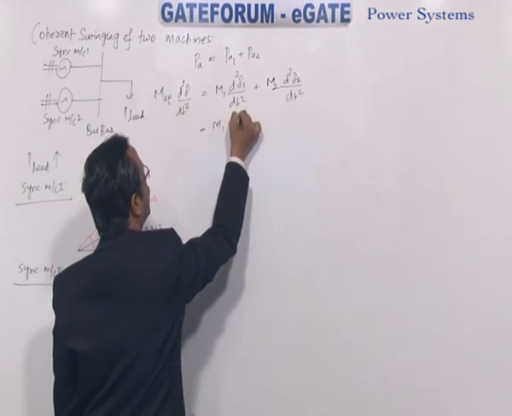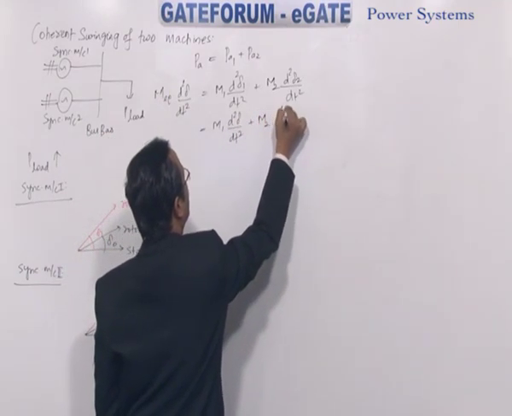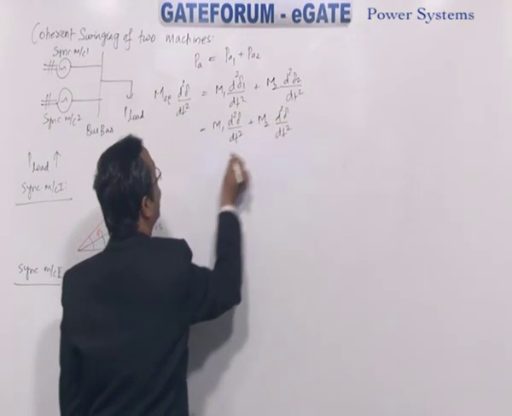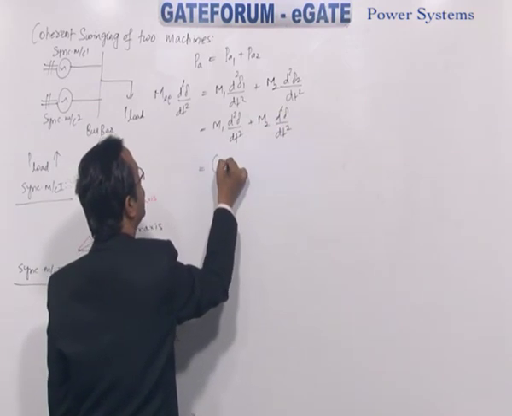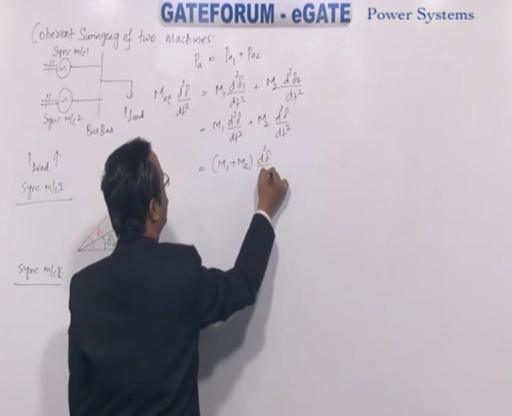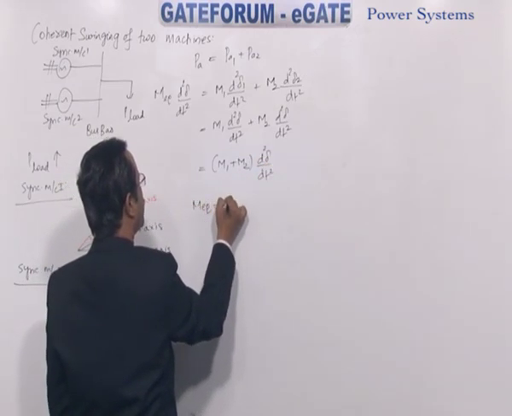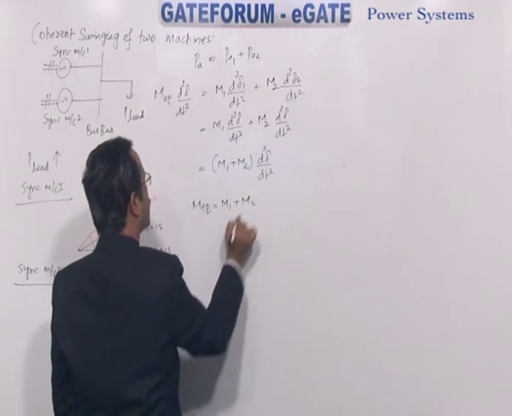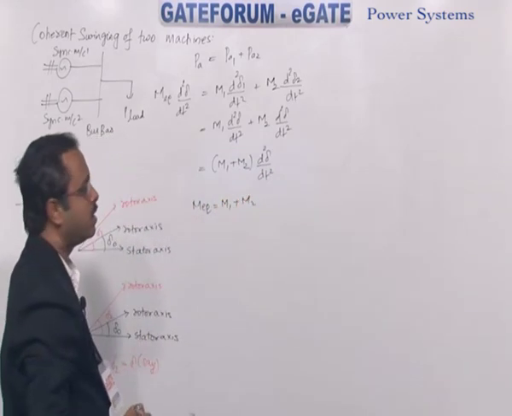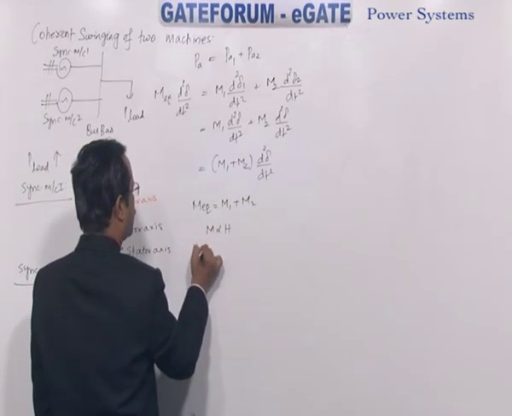Now delta 1, delta 2 both are equal. So add these two terms: M1 plus M2 times d square delta by dt square. On simplifying this, what is M equivalent? M1 plus M2. You know that M and H are directly related.